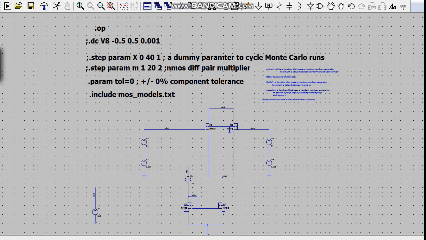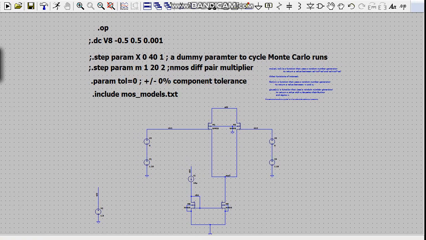Here we are doing an OP simulation, and forget about this .step statement. As I told you in previous videos, we had taken tolerance and this X for Monte Carlo. Here we are not using it, so I am taking tolerance 0 now.